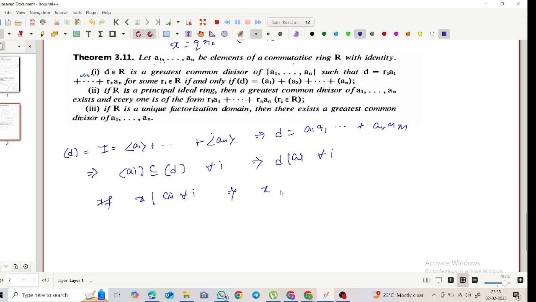So if x divides a_i for all i, x divides the RHS, x divides d. So d is the GCD. We didn't directly show that the GCD is of this form; we actually showed that the generator is basically the GCD.